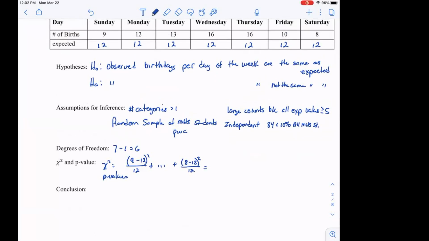We ended up getting a chi-squared value of 5.17, which means we ended up with a p-value of 0.523. Sure enough, it was more than half. More than half of the curve still existed to the right.